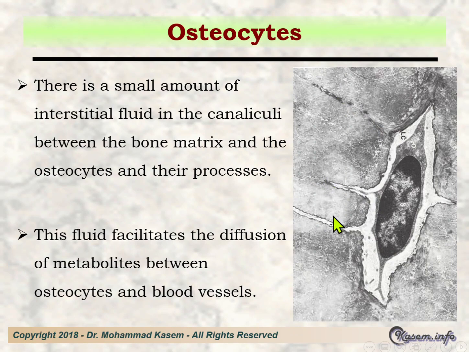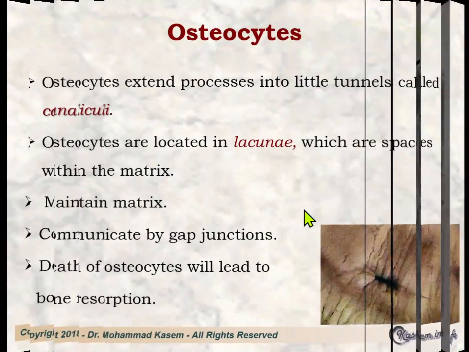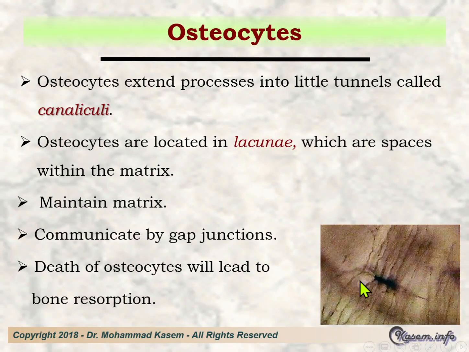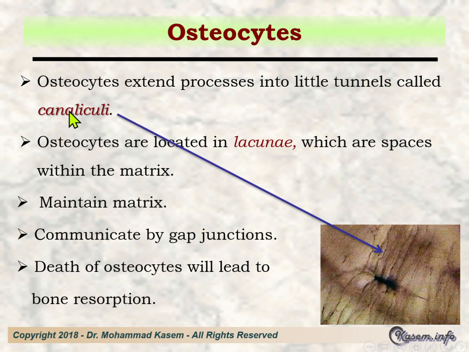The canaliculi help to distribute signals and nourishment from one place to the other inside the bones. Okay, so let's see this image of an osteocyte. You see these canaliculi, which are the thin extensions running from one cell reaching other cells.